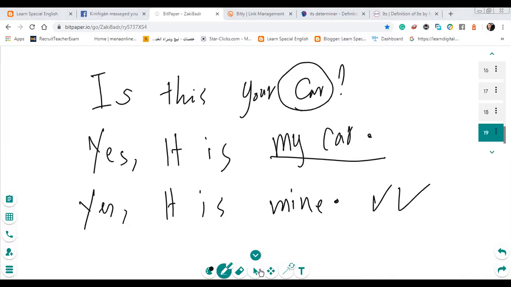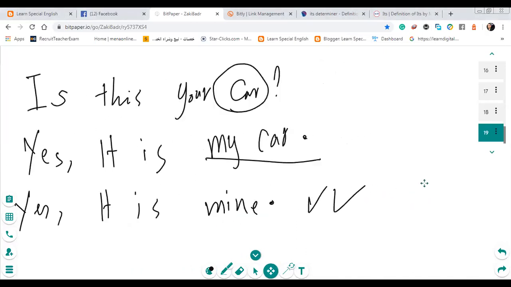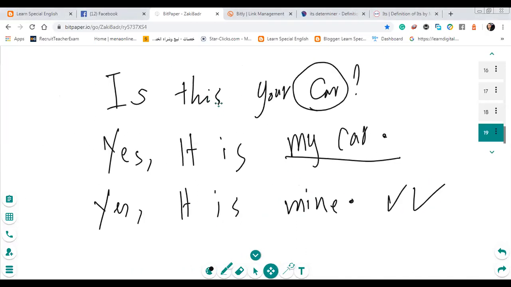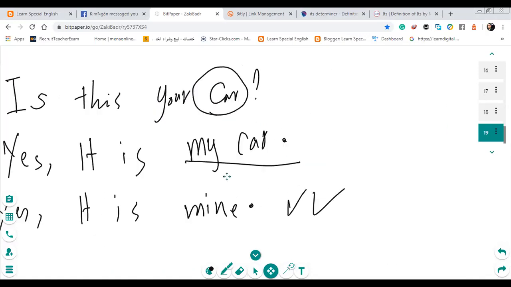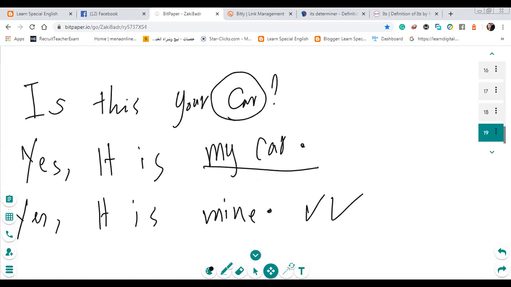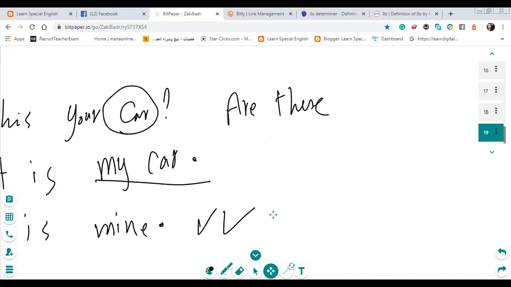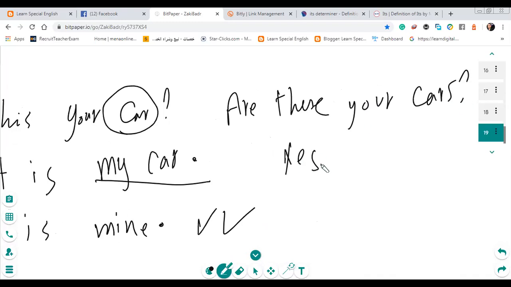Okay, another example. So this is a demonstrative. Is this your car? Are these your cars? For example, with the plural form, are these your cars? Yes, they are.